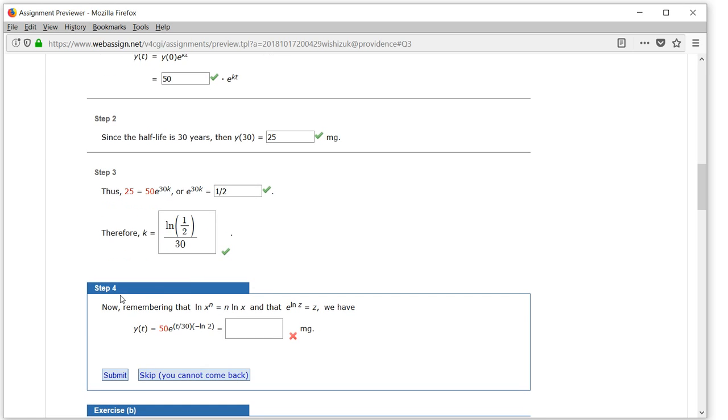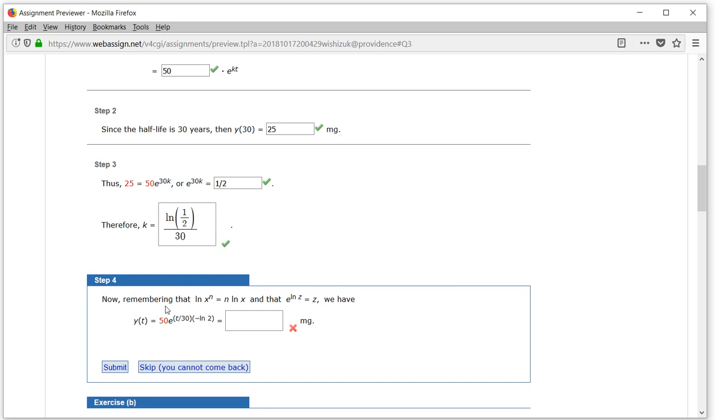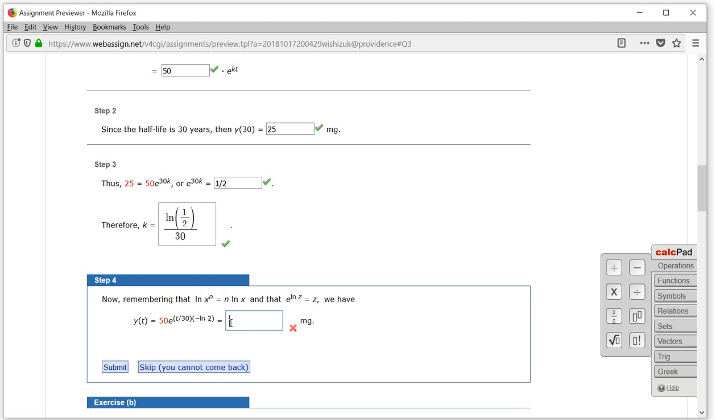Let's look at step 4. We're talking about just log properties here. We have 50, so we put 50 here. I'm going to apply e to the natural log of 2, which will give you just 2.